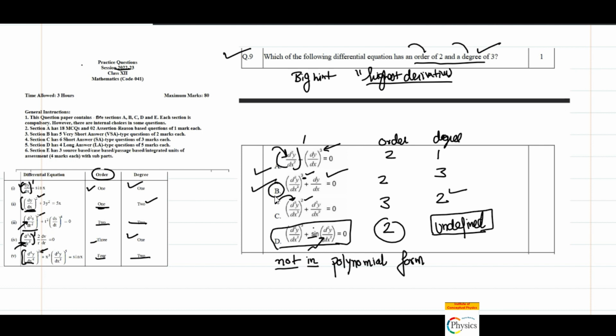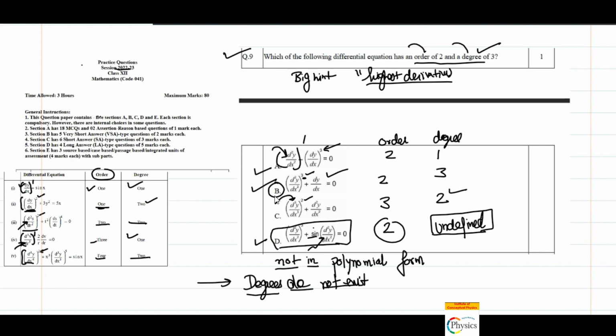This is very important. Part D is for you to understand when degrees do not exist. Any differential equation you are trying to solve, you can come across situations like the one in D where degrees do not exist.